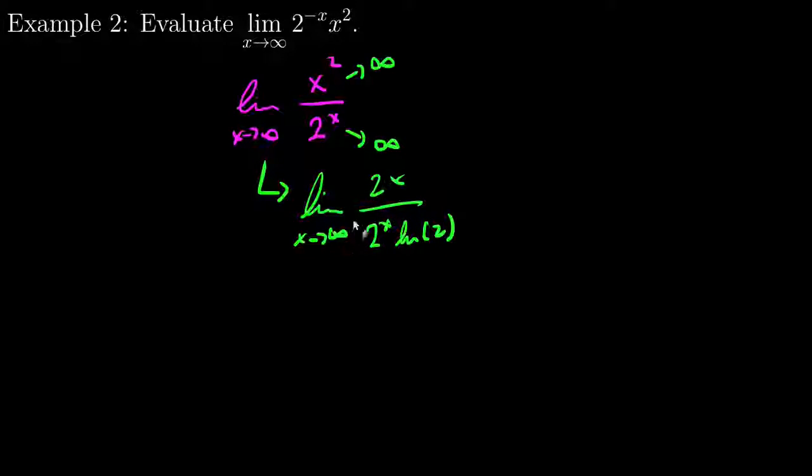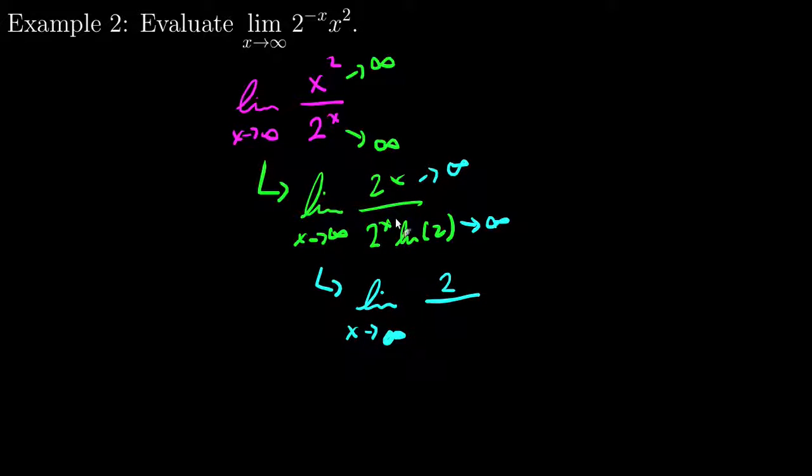And when I see what's happening when x approaches infinity, the numerator approaches infinity, the denominator approaches infinity. And so I can see it didn't seem to help. But I can do L'Hopital's rule again and get the limit as x approaches infinity. The derivative of 2x is 2.